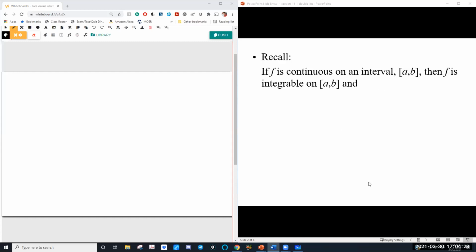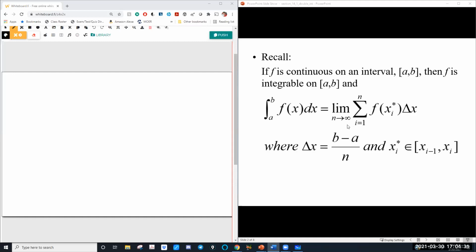If you recall from Calc 1, we had our fundamental theorem of calculus. Our definite integral was equal to our Riemann sum with an infinite amount of intervals.